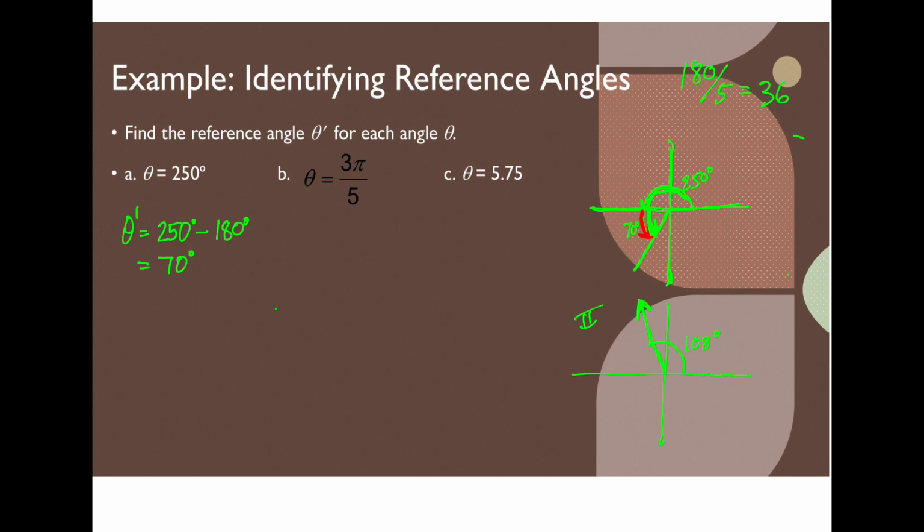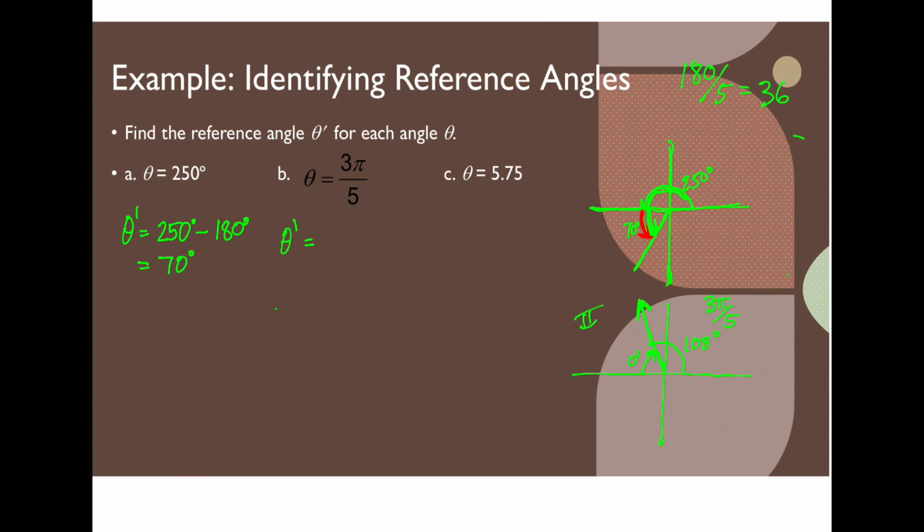But what would be the reference angle? Theta prime. Theta prime, when we're in the second quadrant, is pi minus our angle, which is 3 pi over 5. So I translated it for myself into degrees. There are other ways to do that, but that's just one way you can do it.